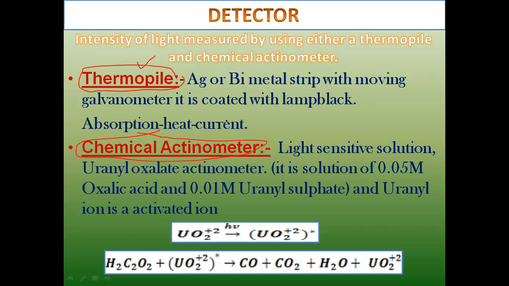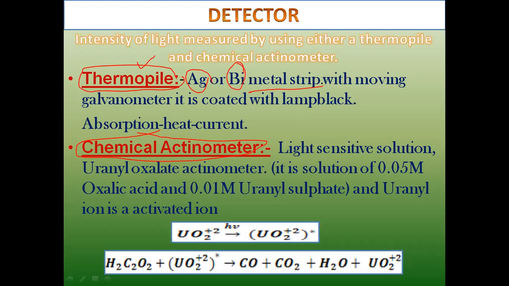आता thermopile काय असतं? Thermopile is a metal strip, made of silver and bismuth. Metal strip असते, and that metal strip is connected with the moving galvanometer, which is used to measure current. This metal strip is coated with lamp black or platinum black, and when light falls on it, the metal strip starts to heat.